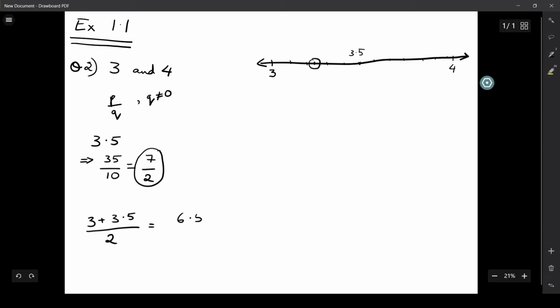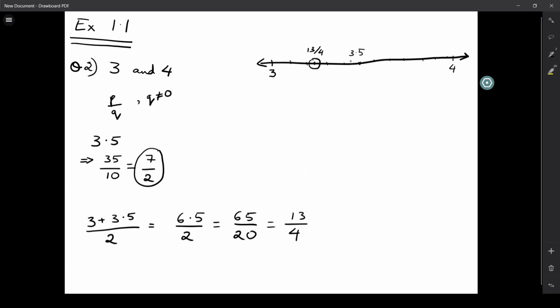So this becomes 6.5 by 2. In other words, 65 by 20. And then when I divide both the numerator and denominator by 5, I get 13 by 4. This is in the form p by q, where q is not equal to 0. So this gives us our second rational number between the numbers 3 and 4.